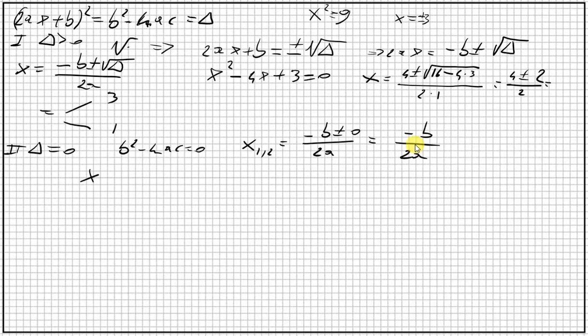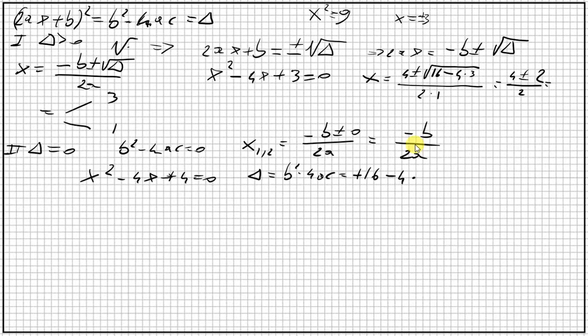For example, if I have x squared minus 4x plus 4 equal to 0, let's calculate delta right away. Delta is b squared minus 4ac. b squared is minus 4 power 2, so it's plus 16, minus 4 times ac.